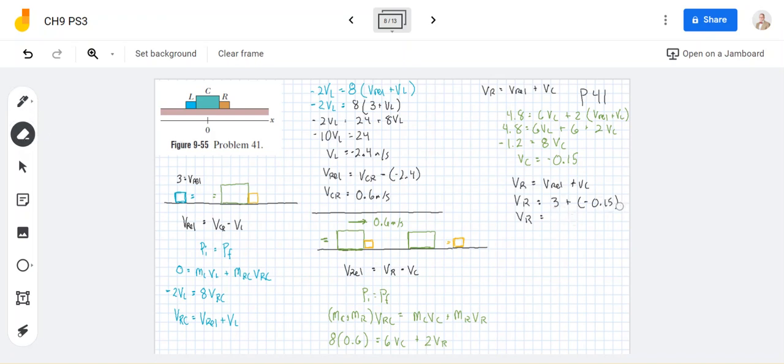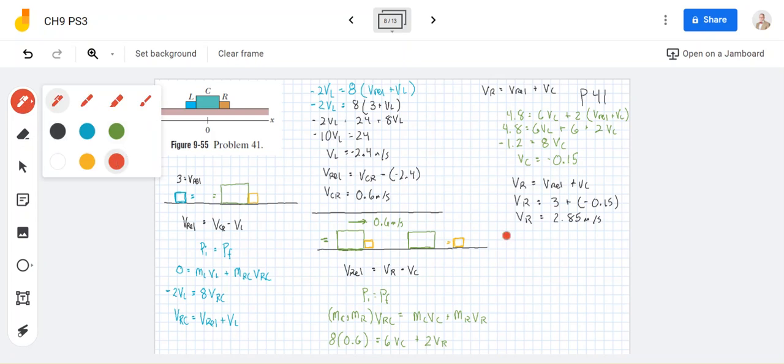This is 3 plus a negative 0.15. So that's got to be 2.85 meters per second. So after the collision, this one's moving to the right at 2.85. This one actually turns out is moving to the left at 0.15 meters per second.